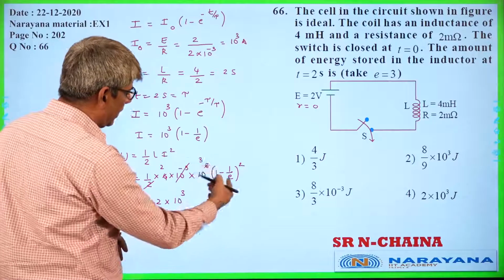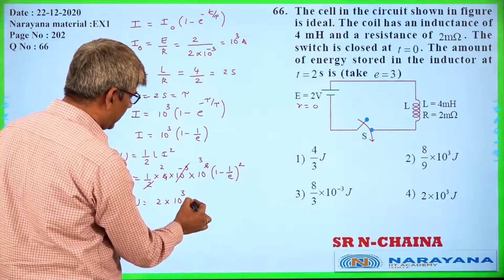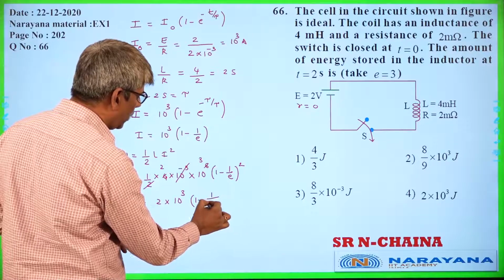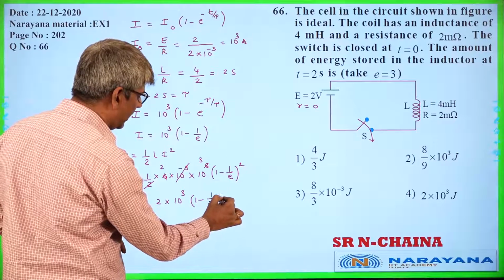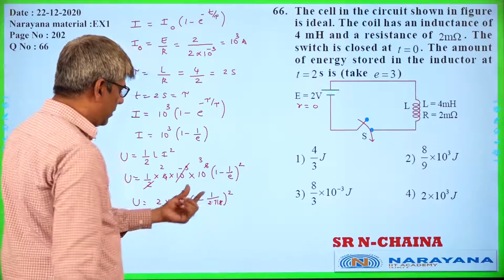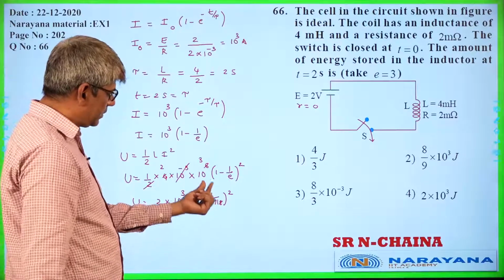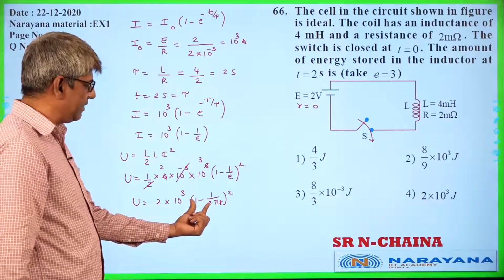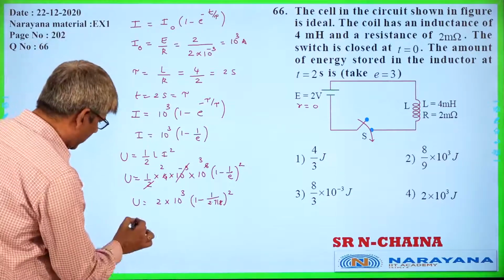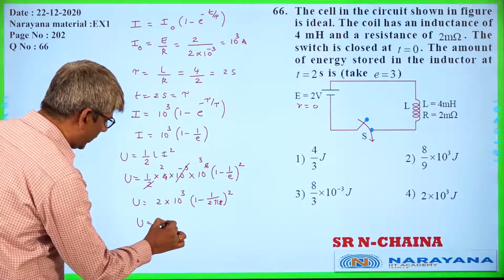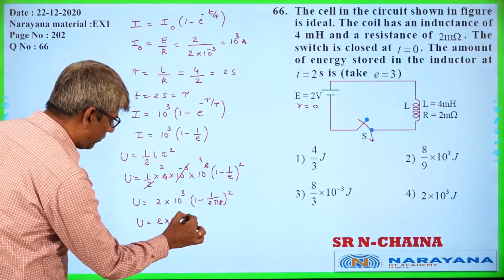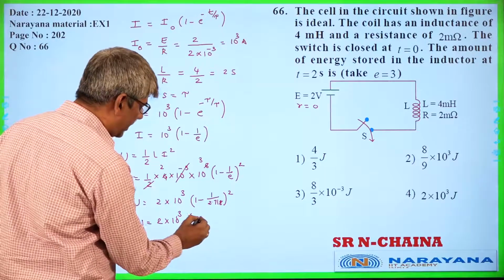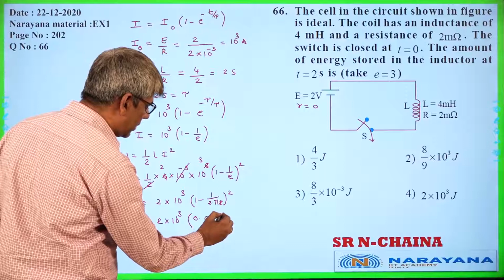The value of 1 minus 1 by e, with e as 2.718, taking this as nearly 3, means 1 minus 0.333, which is 0.67. So U is equal to 2 into 10 power 3 times 0.63 whole square.